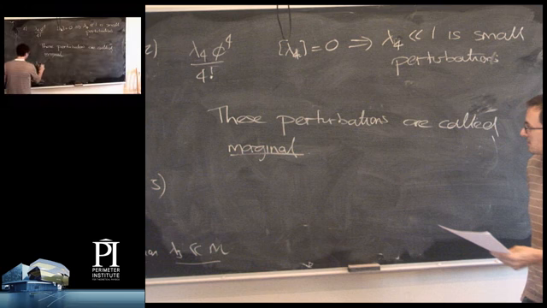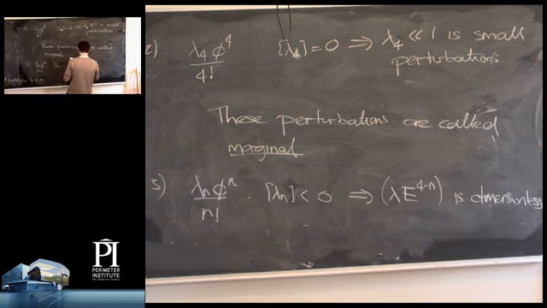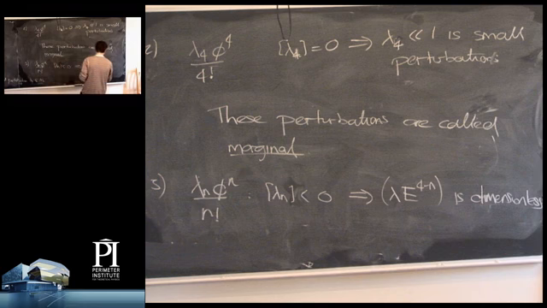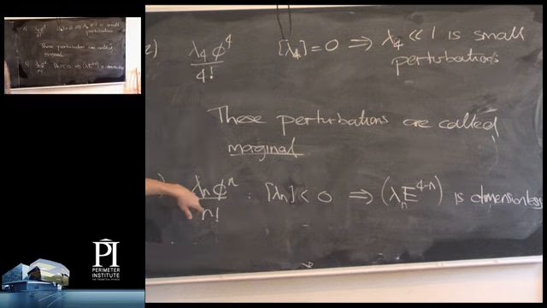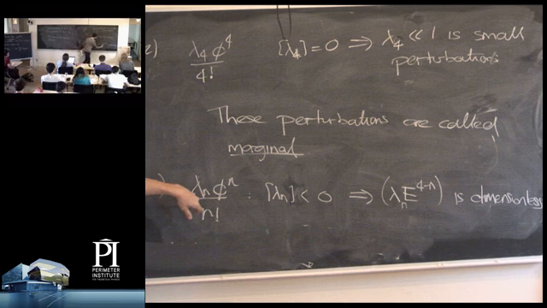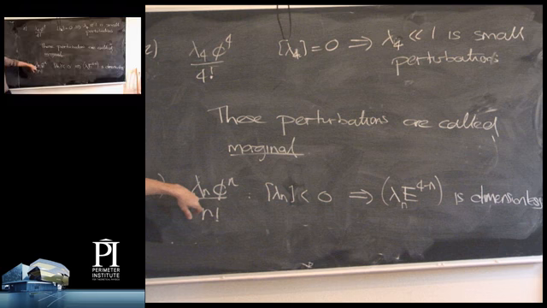Finally, the other case. For these guys, where it's phi to the 5 and phi to the 6 and higher, the object here has mass dimension that's negative.